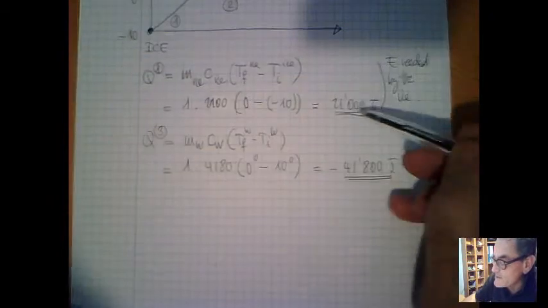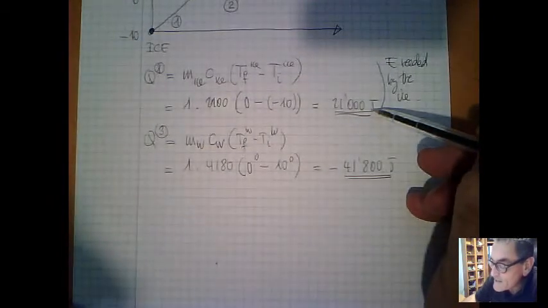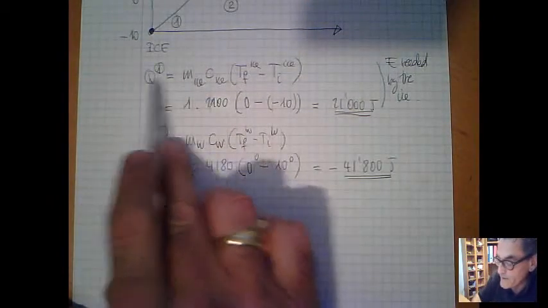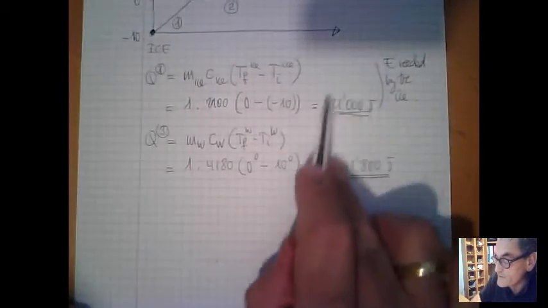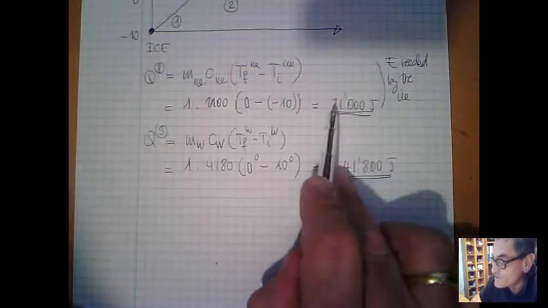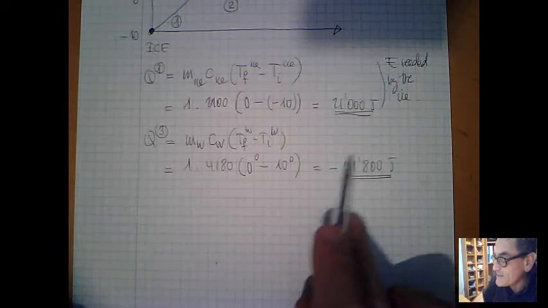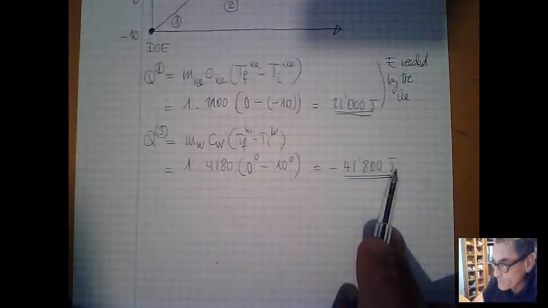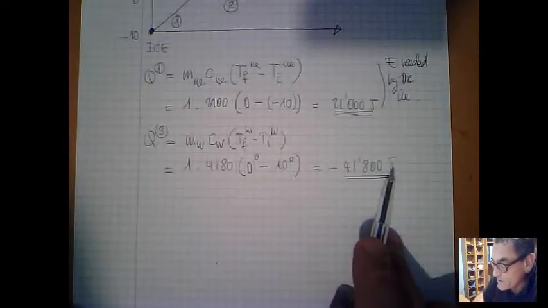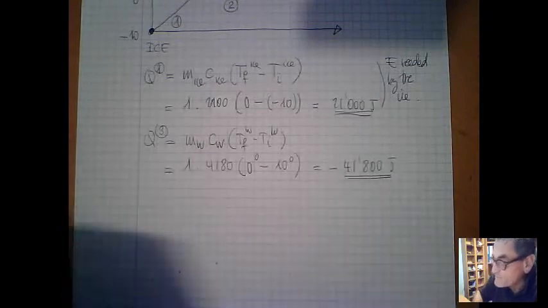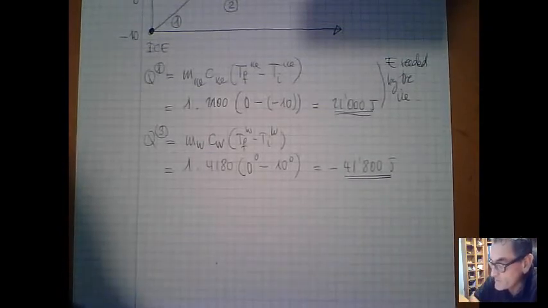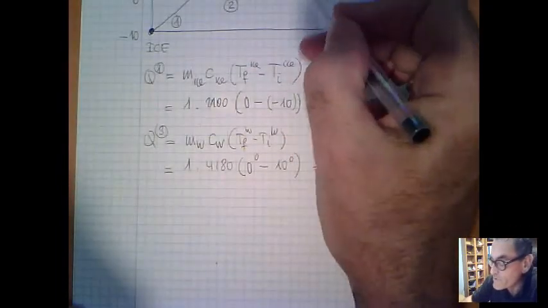Yeah, this is heat that is absorbed by the ice. This is heat we give to the system, so it's positive. This is heat which is released by the water when it cools down. So we have this quantity here. Now what is the final temperature going to be?